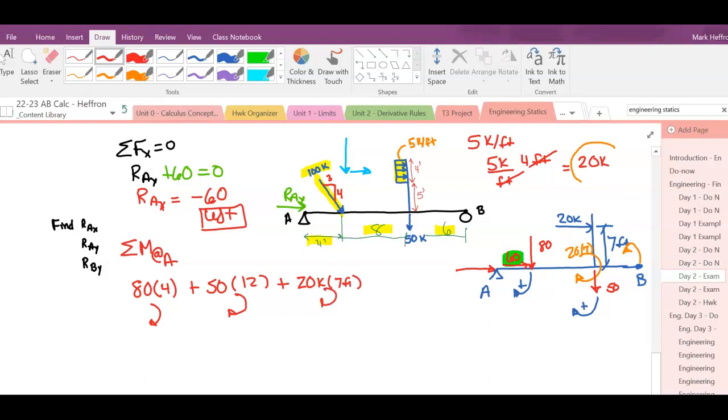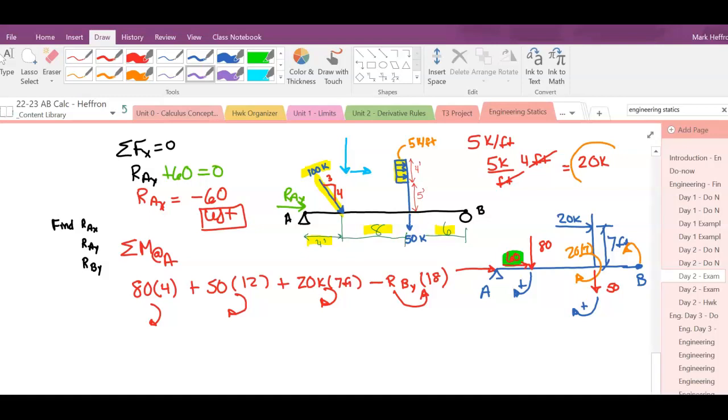That's also clockwise. The only thing that's counterclockwise is this reaction at B times 4 and 8 is 12 and 6 is 18. And that's going to go back negative or counterclockwise.